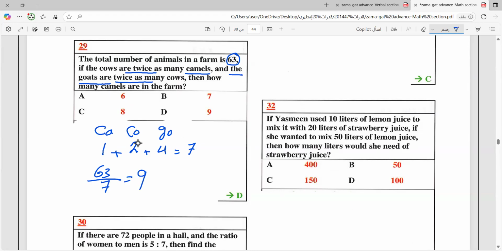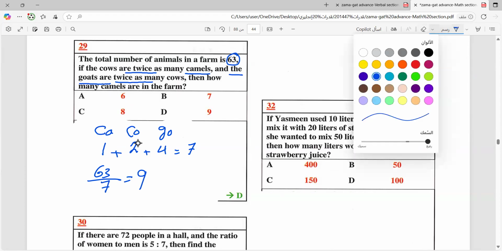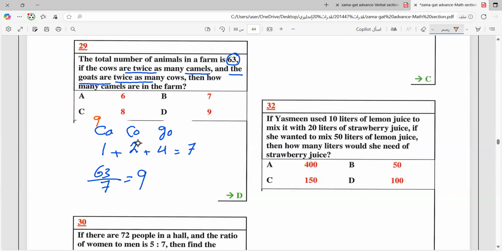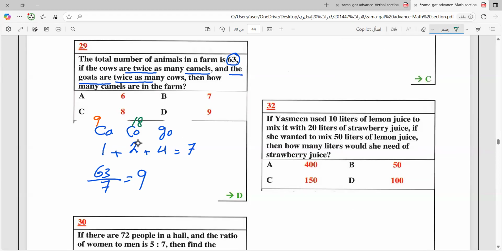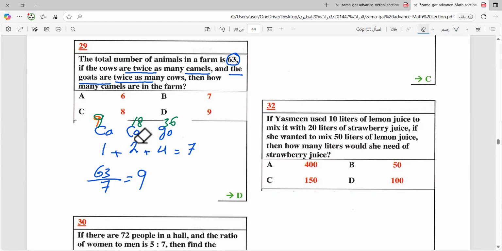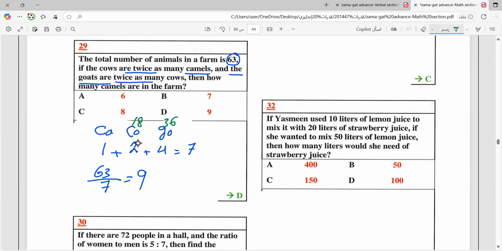This is one ratio. If I want to find the camels, you multiply by 1. 9 times 1 is 9. If I want to find cows, you multiply by 2, it will be 18. If you want to find how many goats, 9 times 4 is 36. Here, you ask me about what?